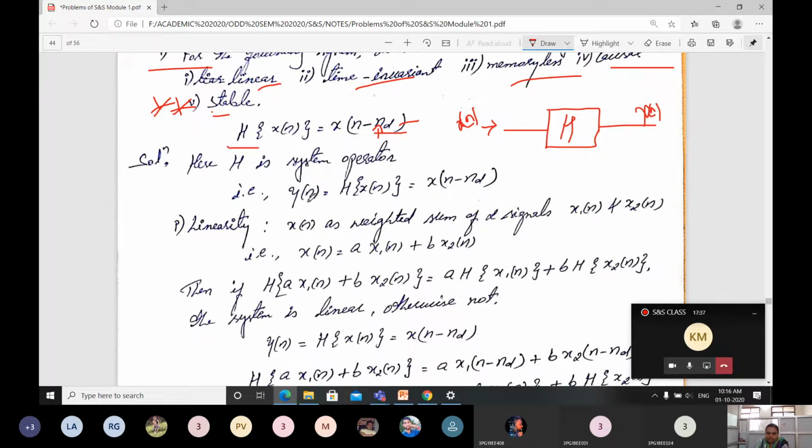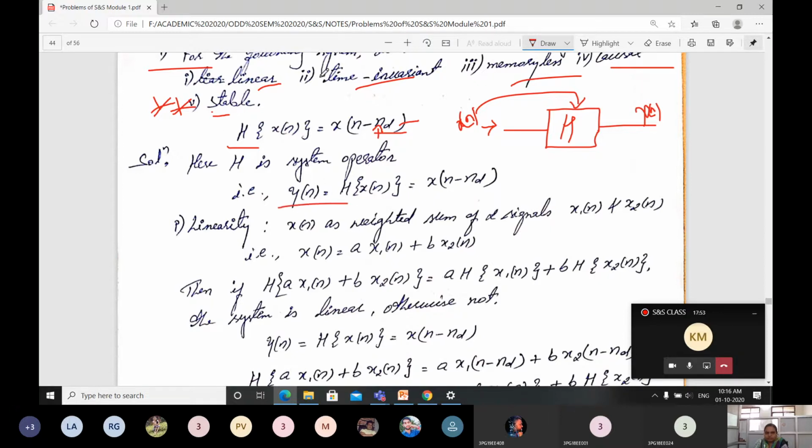The output y of n is based on the operator h, where the processing is done for x of n. For that reason h of x of n.